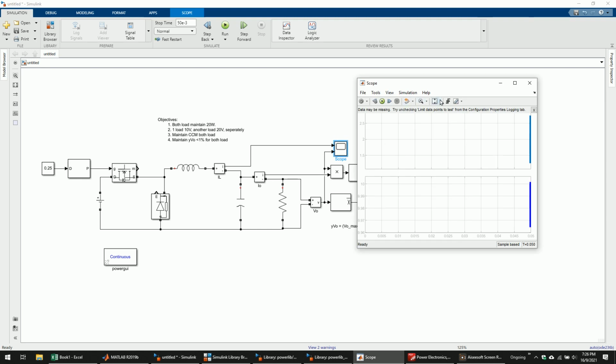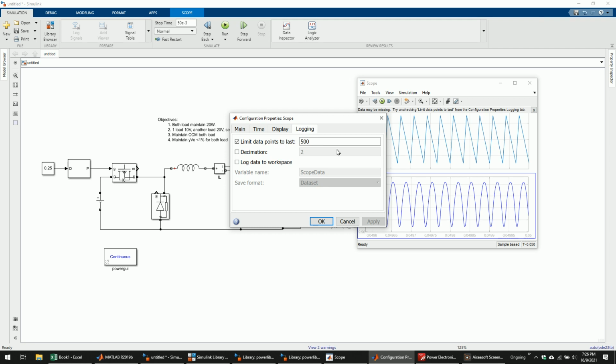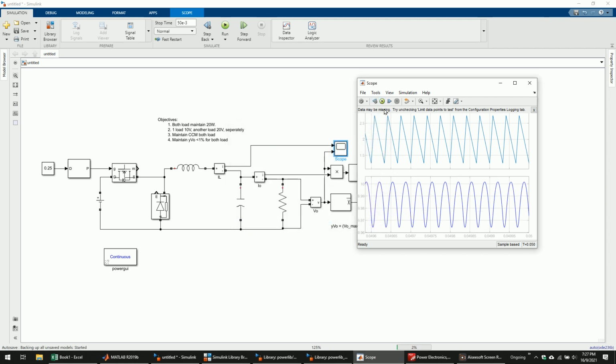And then you click here. Maybe reduce it back. Click here, depend on you. Just I think 300 is enough. Run it again.